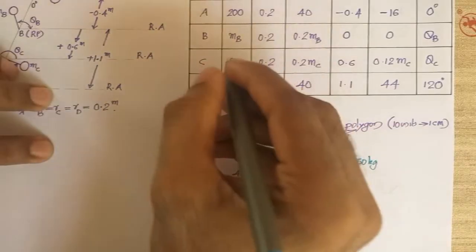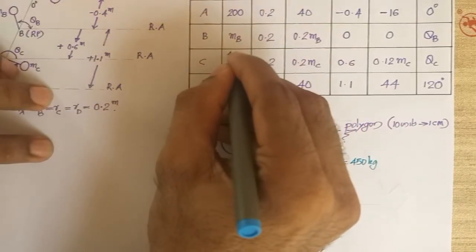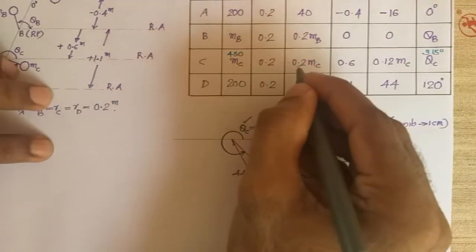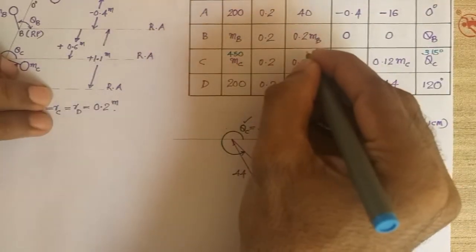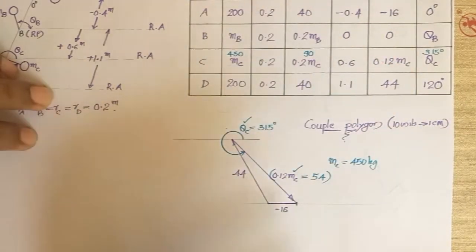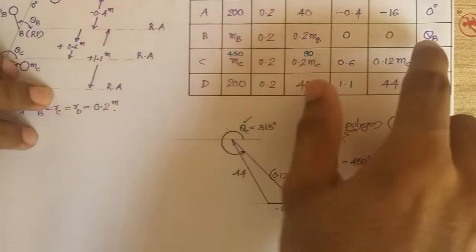So this value MC is 450 and this angle is 315 degree. Now you can find 0.2 MC, which will be around 90. This one is solved now.